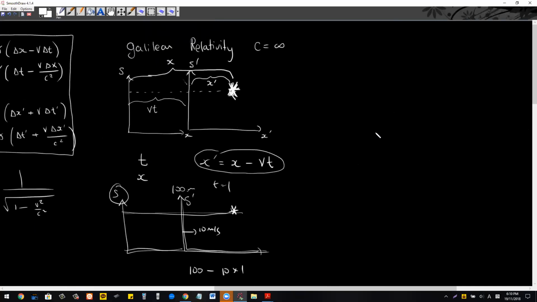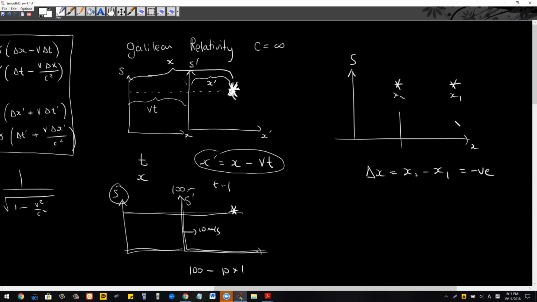But what if there are two events? According to the S frame, an event could happen here, and then another event could happen here, see? In that case, the delta x would be x2 minus x1, so in this case it'll be negative, okay?